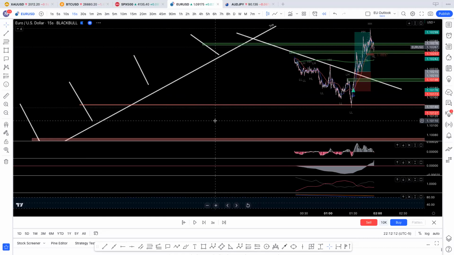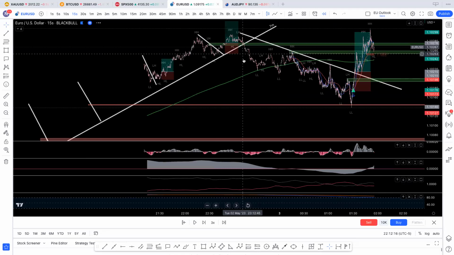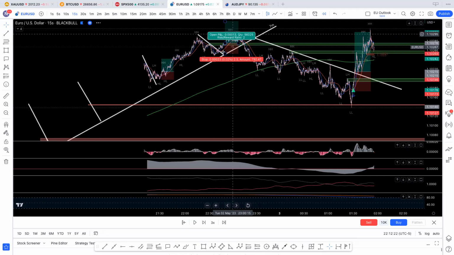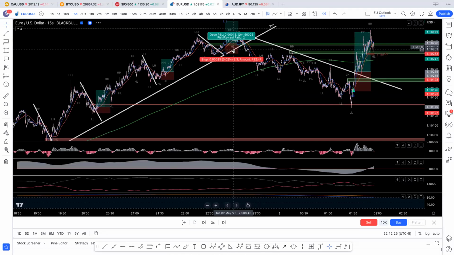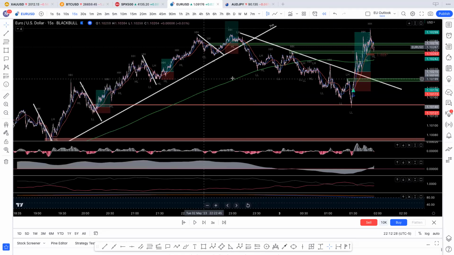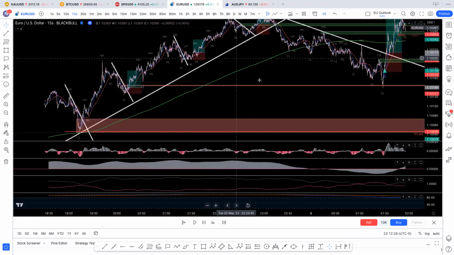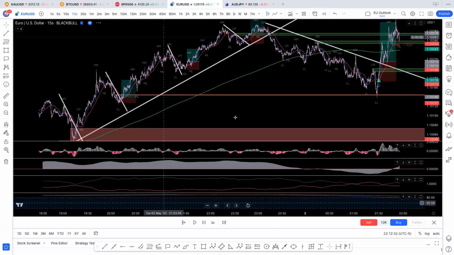So even though I knew the direction of the trend, because I cherry picked it, I still got caught up with this right here. I think that was my L for this particular back test again, and that's me knowing the direction of price.